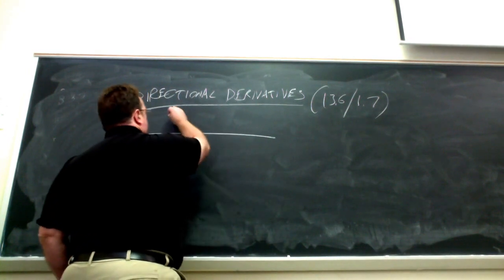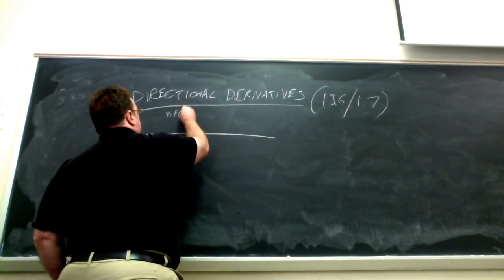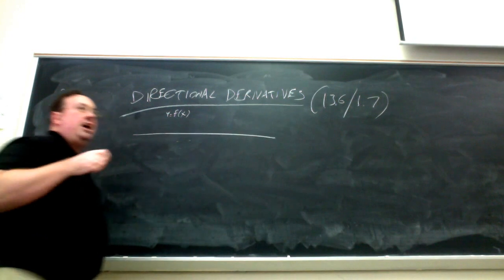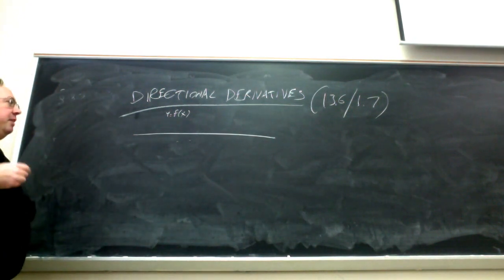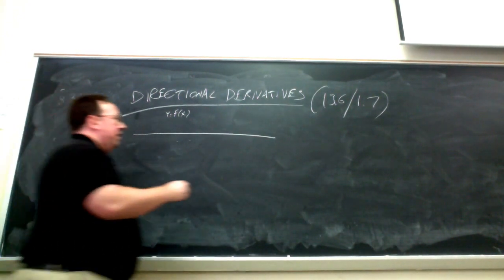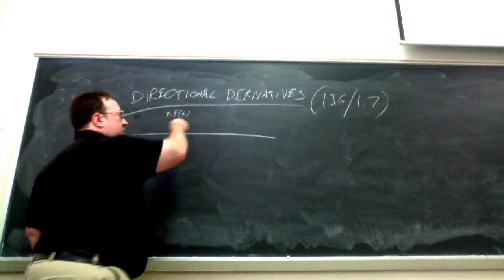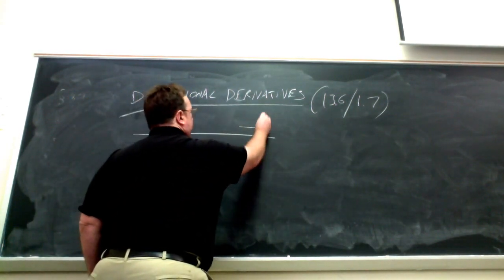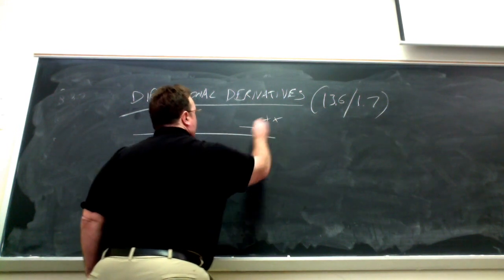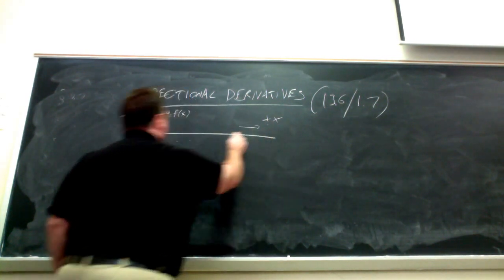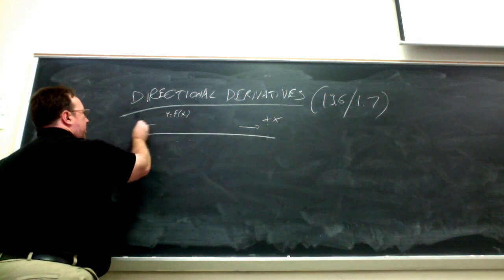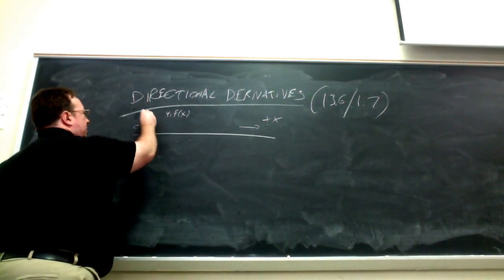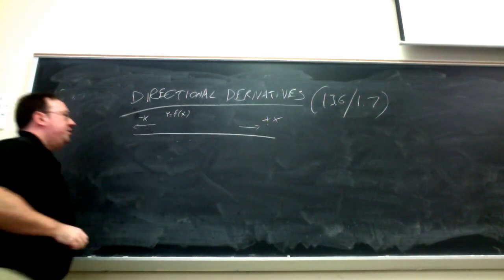when you're dealing with y equals f of x, you want to know rate of change. How does y change as x changes? Since you only have one variable, you can only take the derivative along one direction as x increases, or if you really wanted to, you could find a rate of change as x decreases.